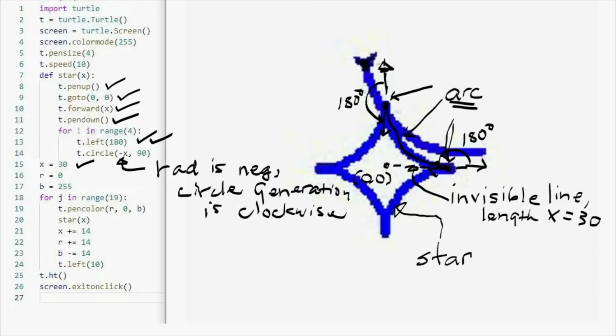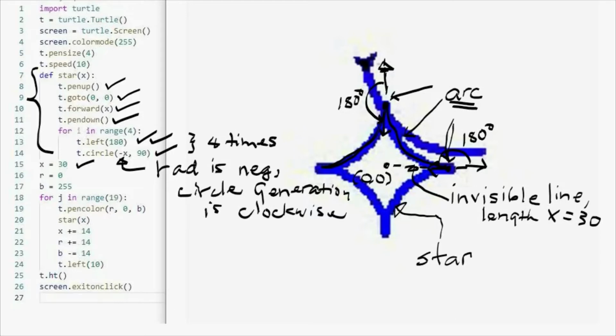And then I draw the arc again. This is the second arc here, which is drawn clockwise. We just repeat this. This is repeated 4 times until we have 4 arcs in the star. Okay, so we have defined how the star is drawn here.